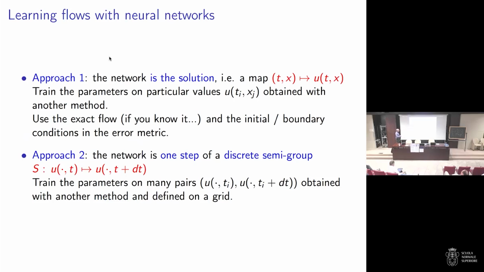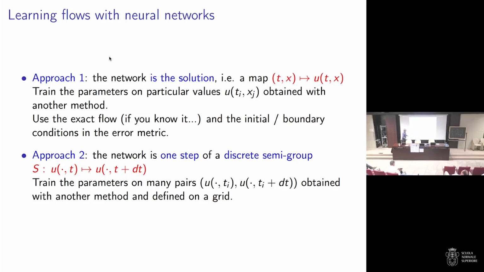The first approach is to consider that this map, f theta, is actually the solution to your PDE, let's say. And so you know the exact value of the solution, or a good approximation of the solution, on particular choices of t and x.